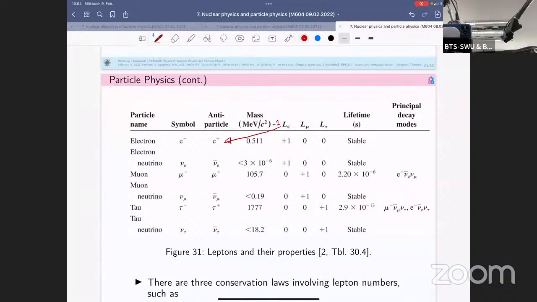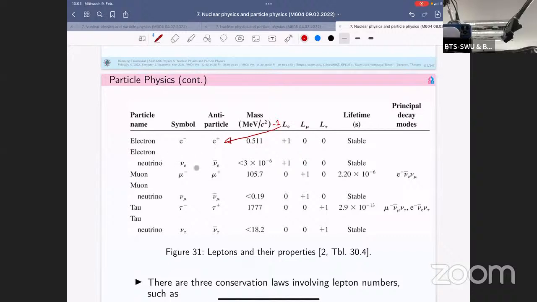The +1 is the electron number for the electron only, but for the positron, the lepton number will be -1. They have no muon lepton number at all, because they are electrons, not muons. Both have 0 tau lepton number because they are not tau leptons.